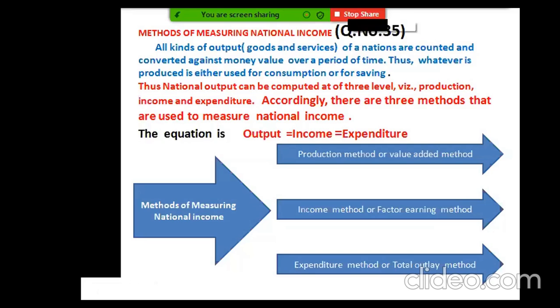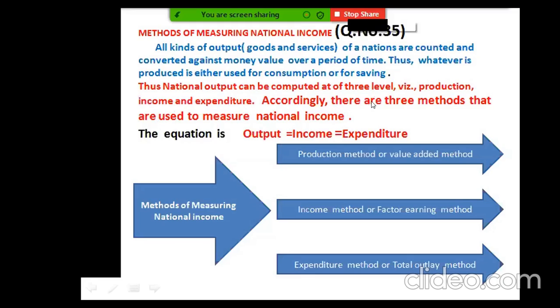So national output can be computed at three levels: production, income, and expenditure.